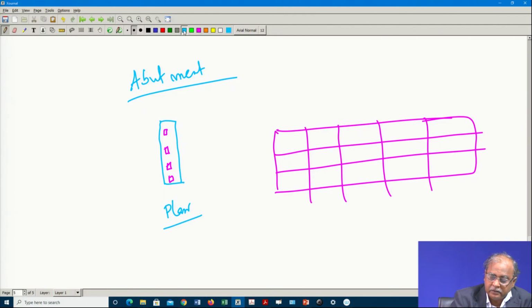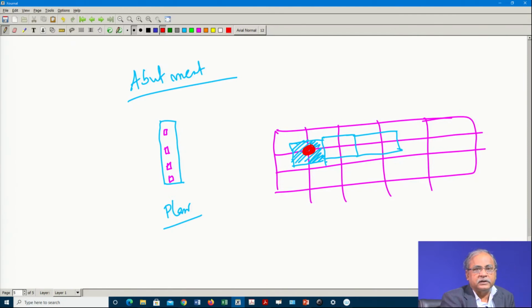So, I can say this is the area which will come under this column, and that way you can find out, if you do not go for rigorous analysis. Roughly you can calculate and it will give you an idea how much load is coming there.